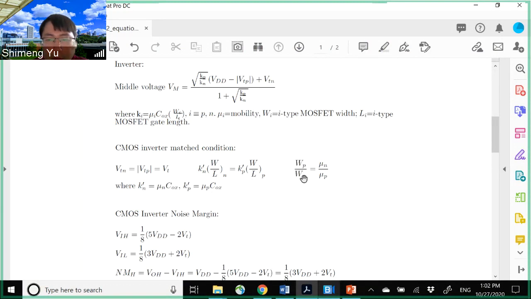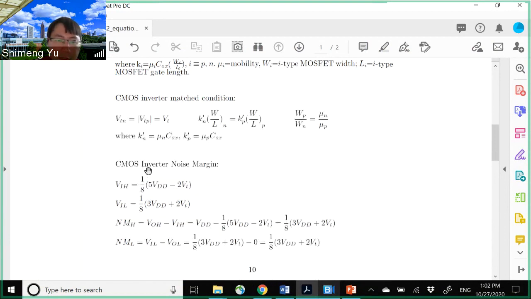Then the width ratio is just inversely proportional to the mobility of NMOS and PMOS. And typically NMOS is faster, so the PMOS should be wider if you want to make it match.